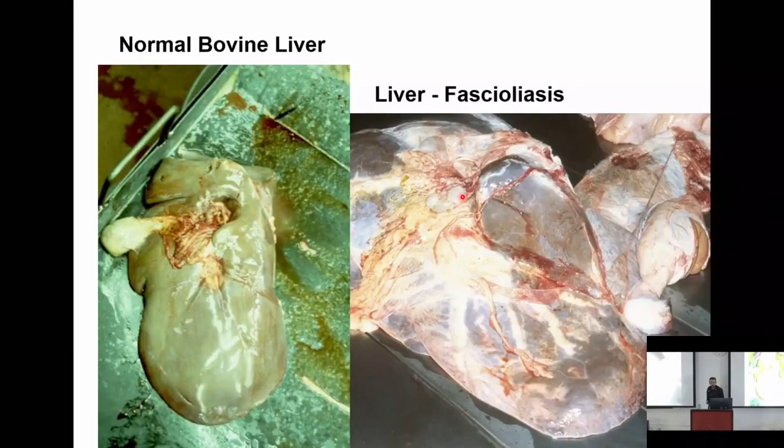Okay, so this is the normal liver you can see here. But once this is infected by fistula, you will see some hemorrhages, and once you cut it down from here, you will start looking near the bile duct. You will start looking at the flukes that will be moving around in the liver. So how can you see that?